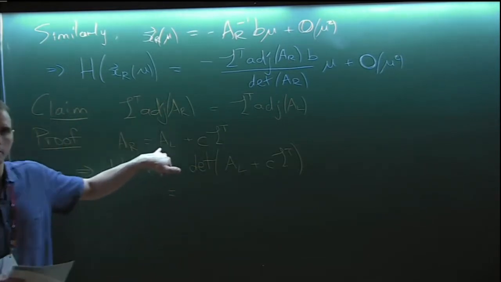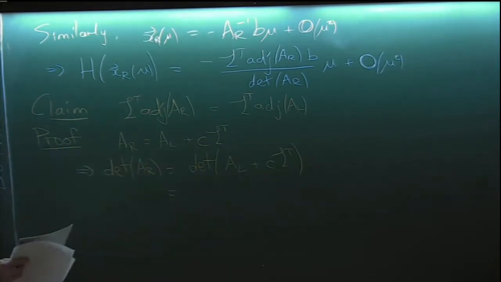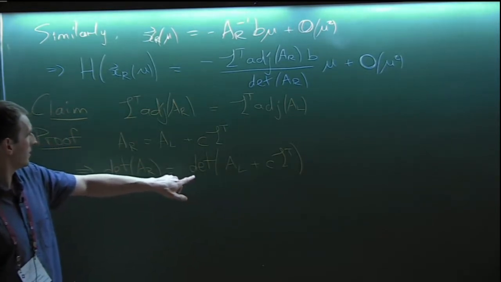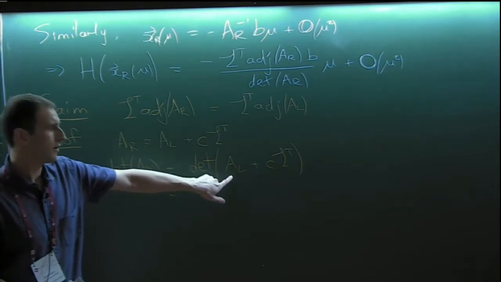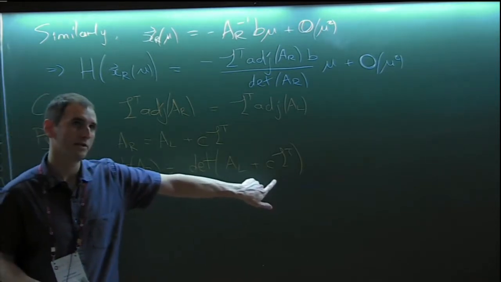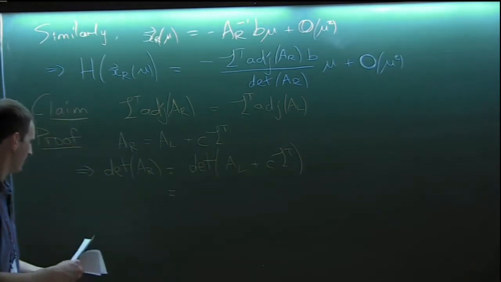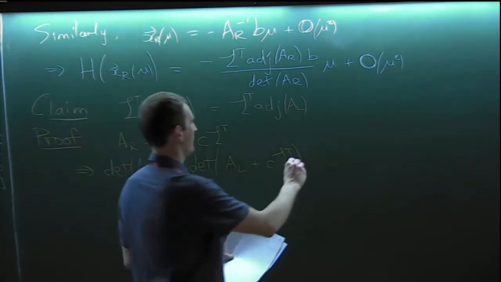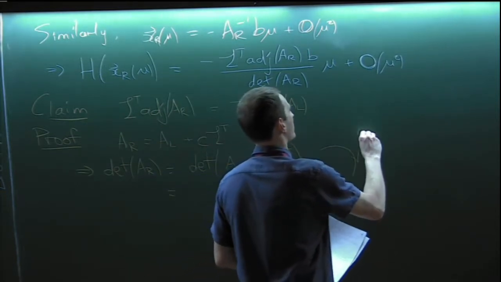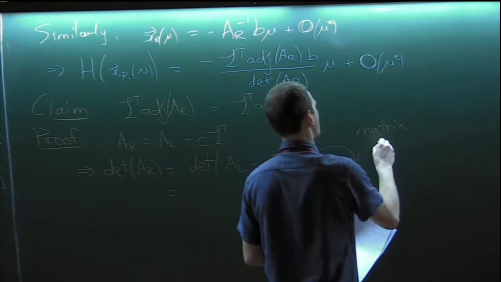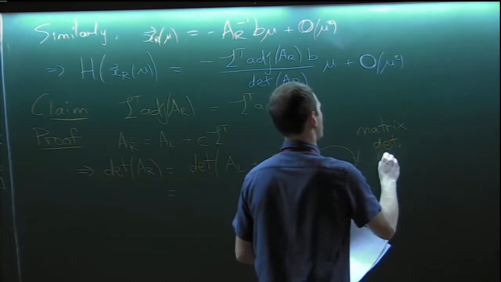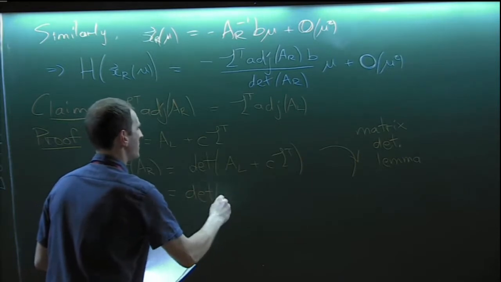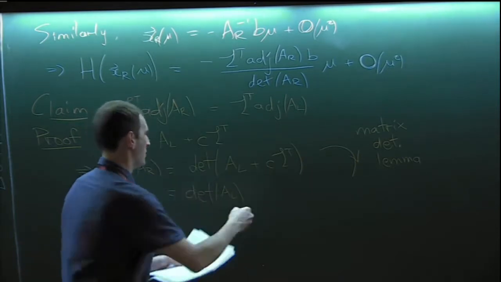So what I'm going to do first is take the determinant of AR. And there's a nice formula for doing this, because what I've got is the determinant of some matrix plus a rank 1 matrix. And the formula is called the matrix determinant lemma.